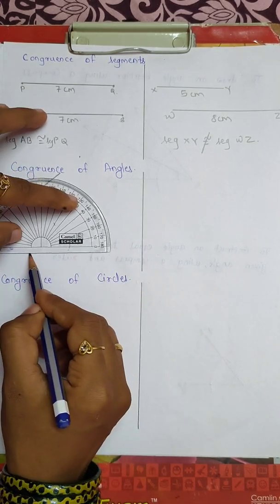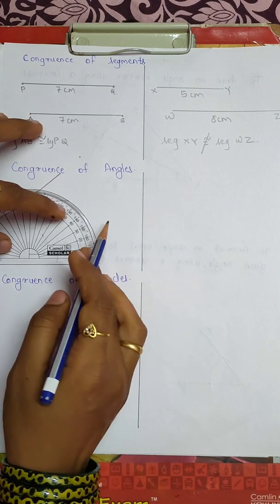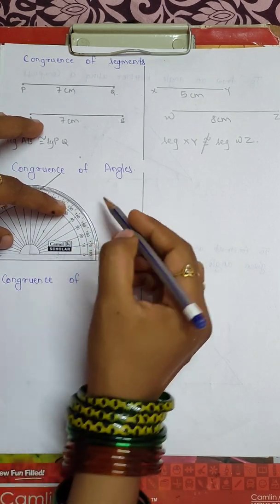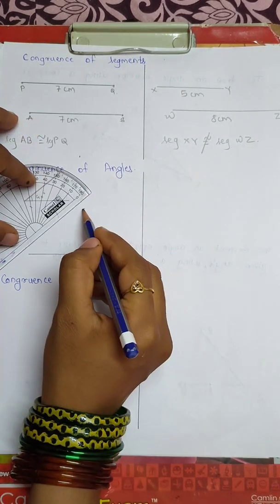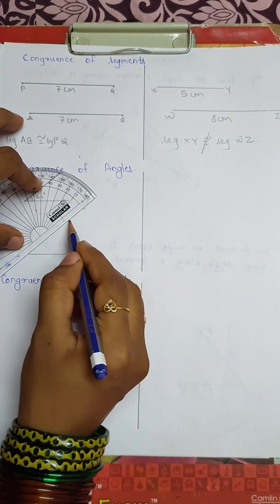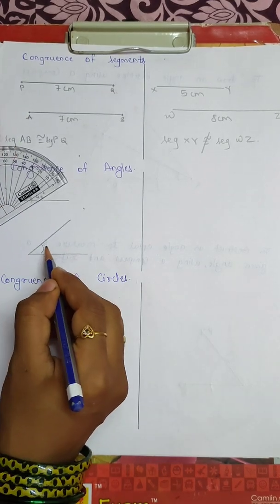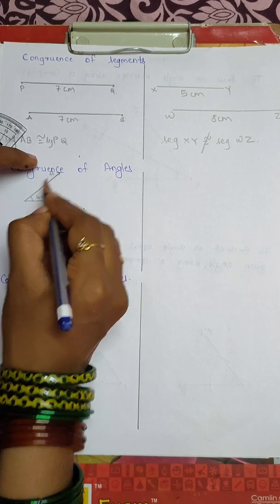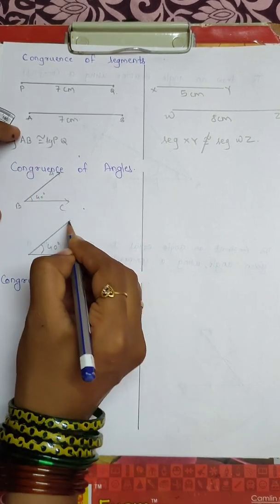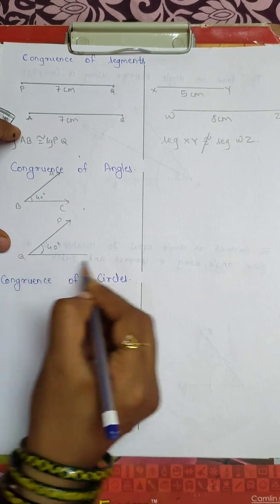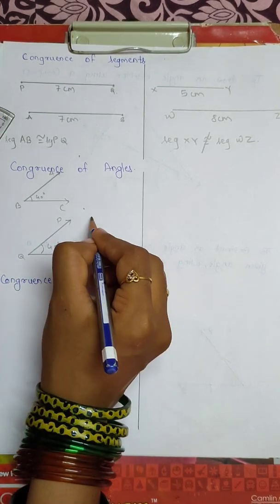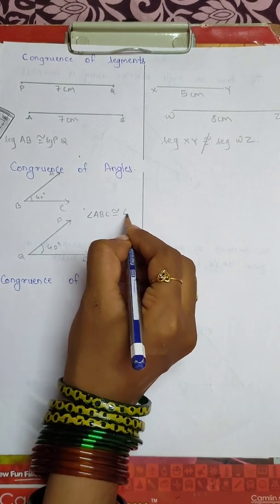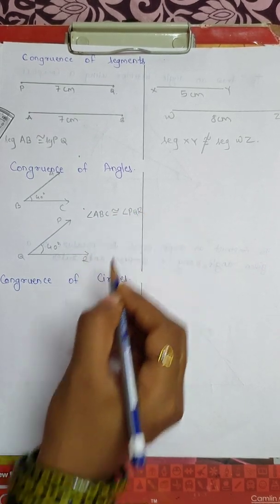We will draw one more angle same of 40 degrees. So these two angles, angle A, B, C and angle P, Q, R are congruent. Angle A, B, C congruent to angle P, Q, R.